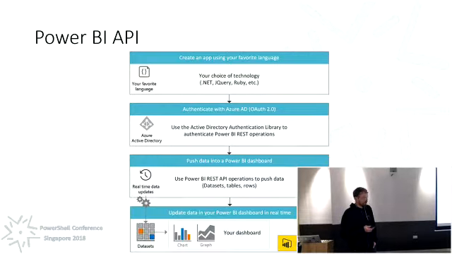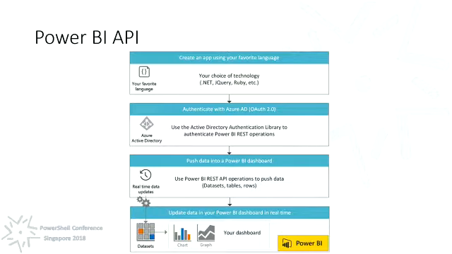Let's see. Here's just a short overview of what's possible if you step outside of PowerShell, also by automating. As long as the language supports REST calls, you can push data into Power BI with it. The Power BI REST API has the following operations: dataset, table, group, import, and dashboard.